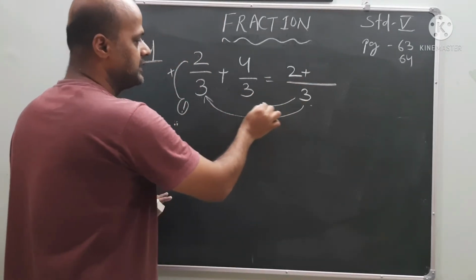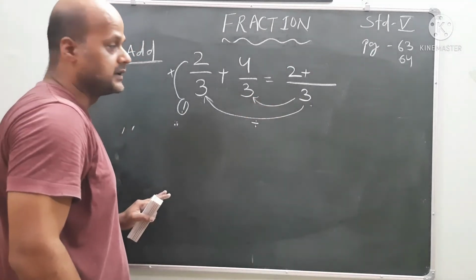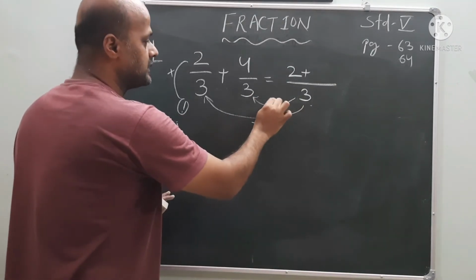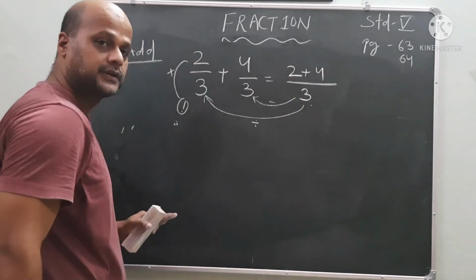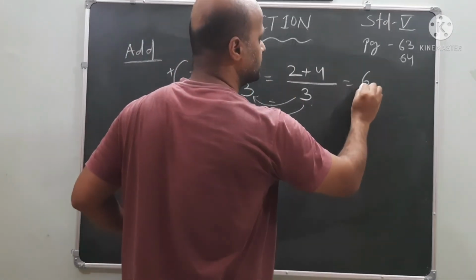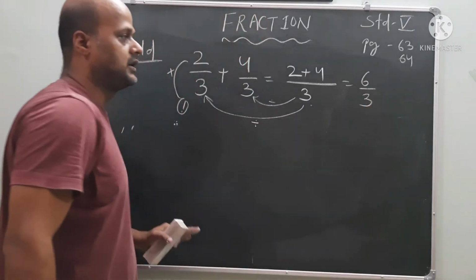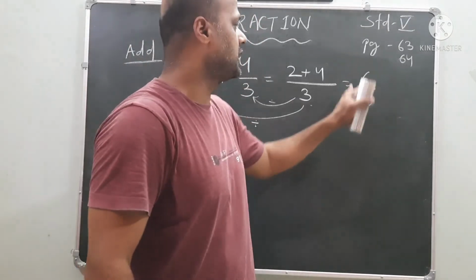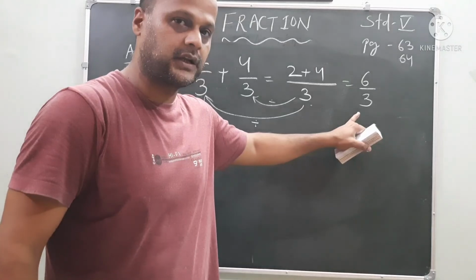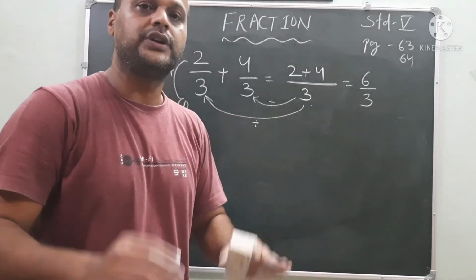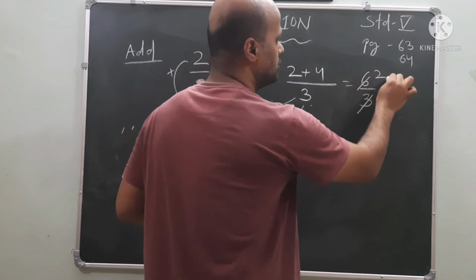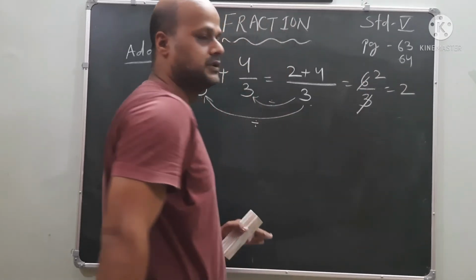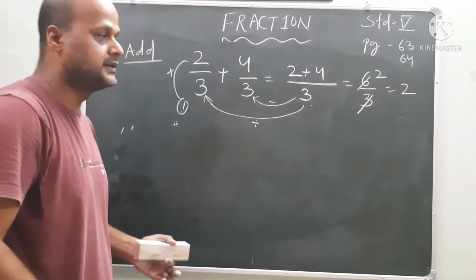So 3 divided by 3 is 1, into 4. How much? 6 by 3. Now whatever the result is coming, both of them are divided with each other, so you can do it in the smallest form also. It will come as a whole number, 2. Answer is 2. Understood, my dear friends?